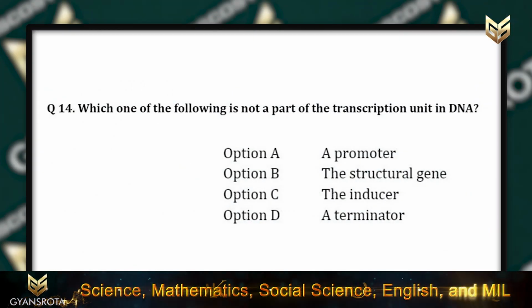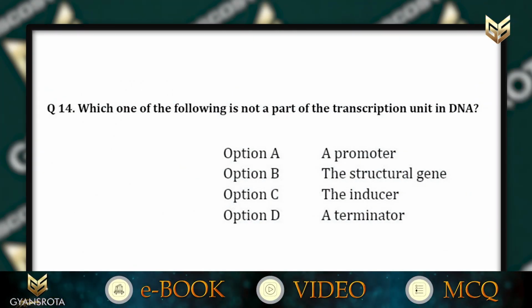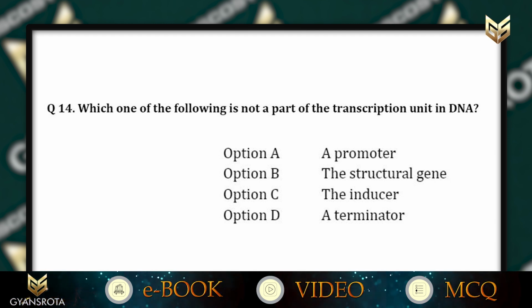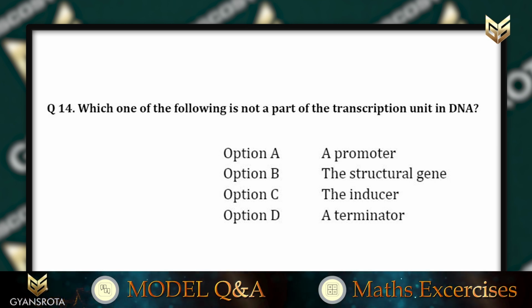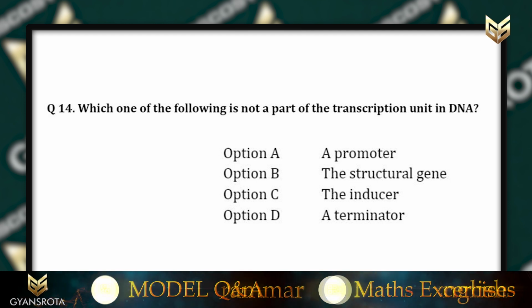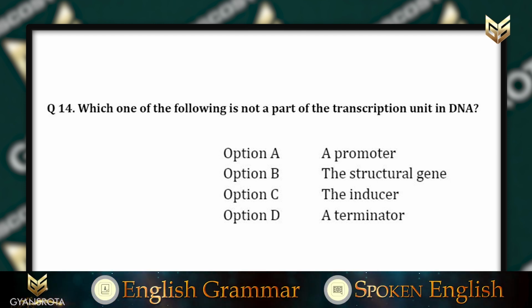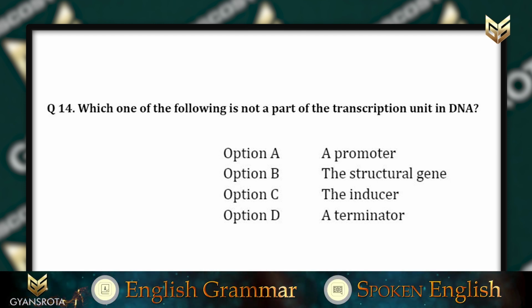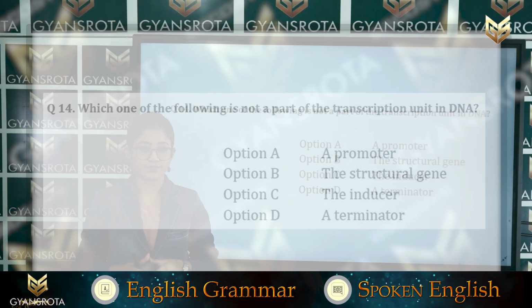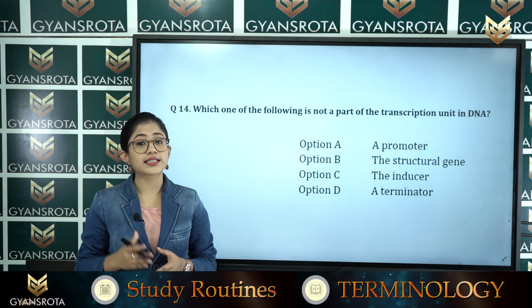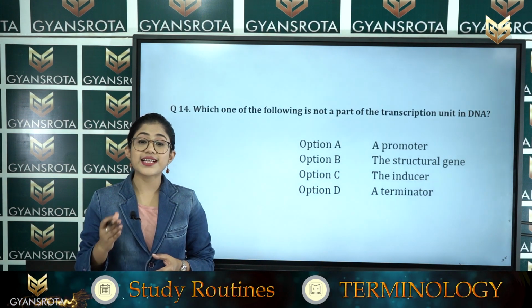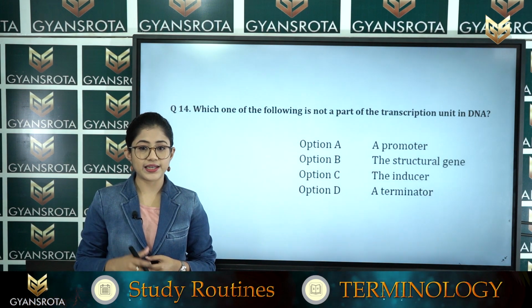In question number 14, it is written, which one of the following is not a part of the transcription unit in DNA? Option number A, a promoter, option number B, the structural gene, option number C, the inducer, and option number D, a terminator. So student, it has asked which one of the following is not a part of the transcription unit in DNA.